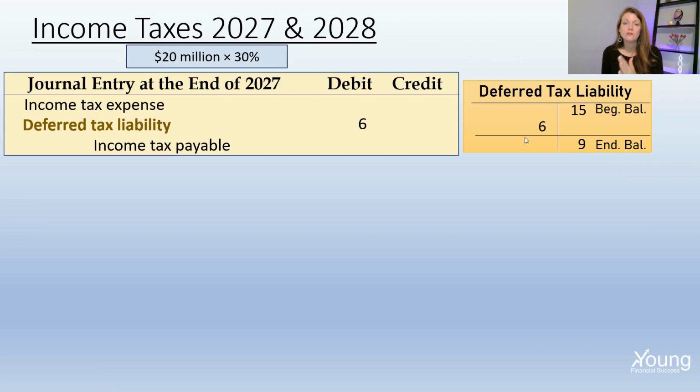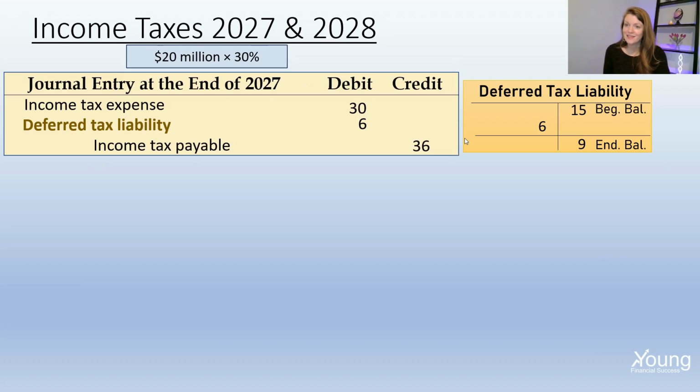So we're going to decrease the liability by that amount, but then it's going to be reflected in the income tax payable. So the income tax payable is going to be based on the 120 million: the 100 million from our pre-tax plus the 20 million they collected from the prior installment. So when we take 120 million times the 30%, we get 36.